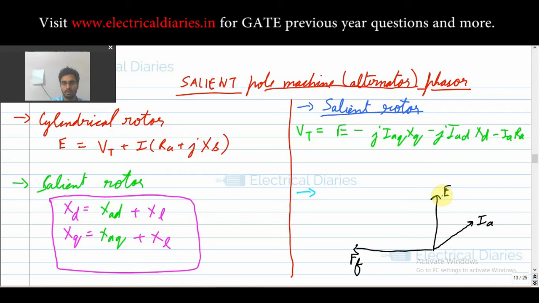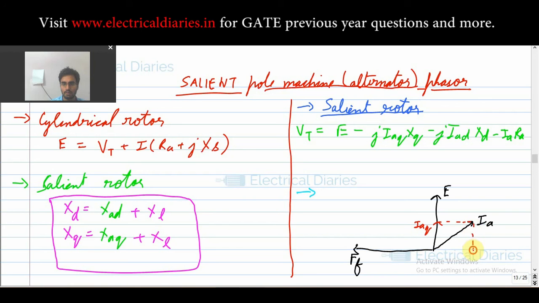Then from E you have to subtract IAQ XQ. Now you have to divide your IA along the Q and D axis. Q is always perpendicular to the field axis, and D is in the direction of the field axis. Always remember this. So IAQ I will draw with red, and this will be your IAQ.